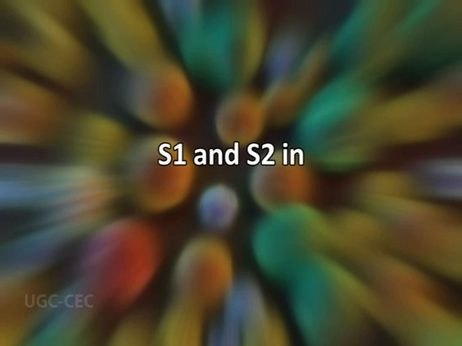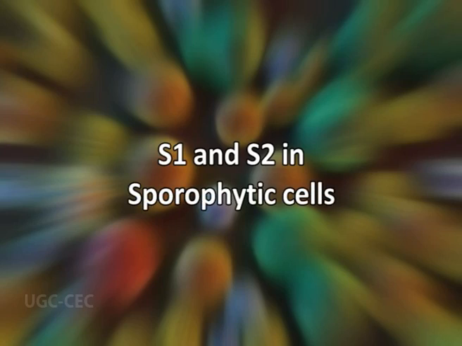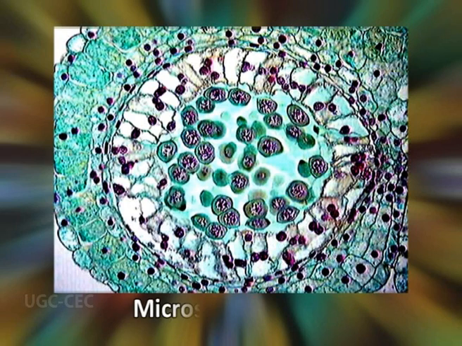To understand it further, let us consider a plant possessing alleles S1 and S2 in its sporophytic cells, including the pistil. This type of plant will produce two types of pollens during microsporogenesis. Half of the pollens will contain allele S1 and the other half will contain allele S2.